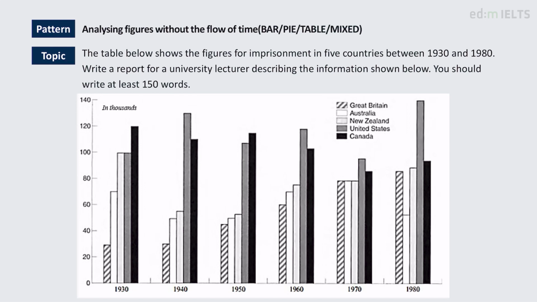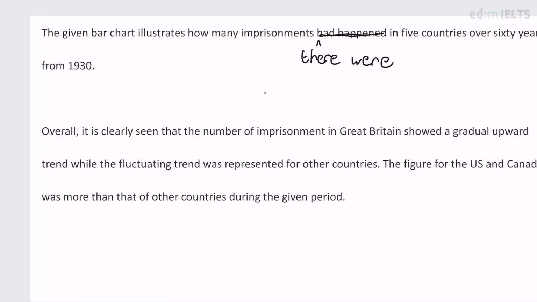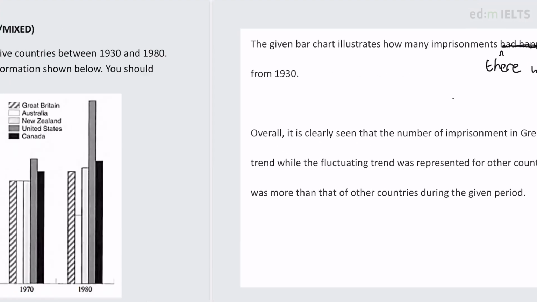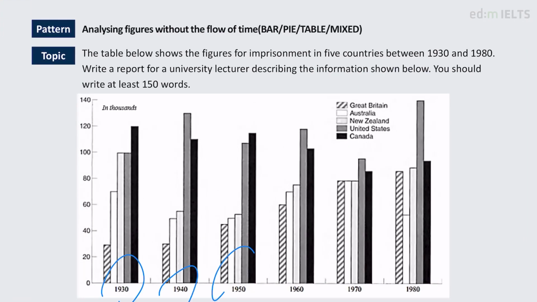So, 50 years, not 60 years, so that's just a careless error, not really paying attention. I know there's data given for 6 years, but because there's 10 years between each, it ends up being a 50-year period.